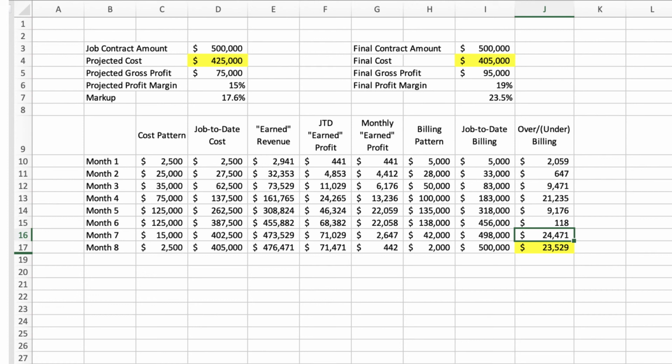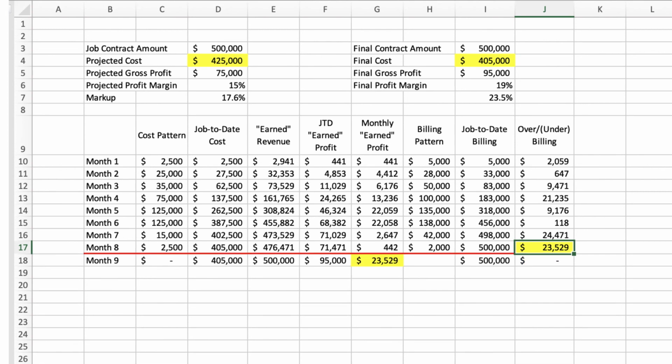And since we're this close to the end of the job, that's a good sign that things are going well. And so in month 8, we only have costs of $2,500 for the month. Our costs stabilize at $405,000, and it looks like we have an overbilling of $23,000. So when we close up the job, that overbilling goes to profit.